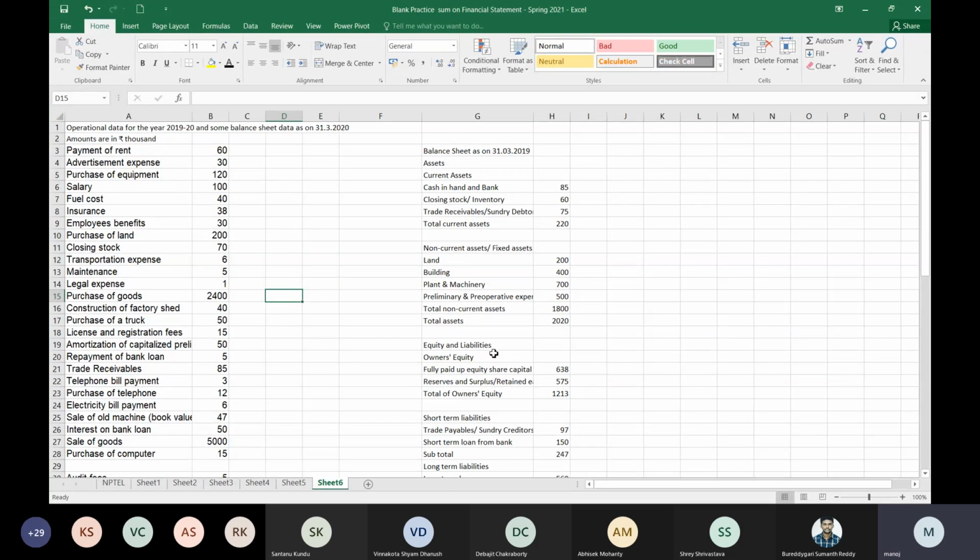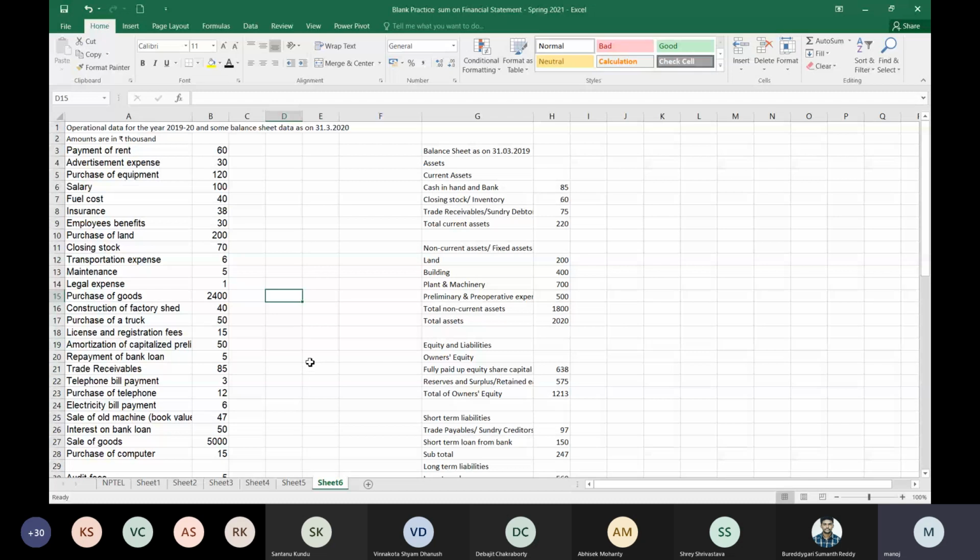Operating profit is nothing but gross profit minus operating expenses. So gross profit is already done, and then you estimate operating expenses, deduct that from gross profit, you get operating profit. Then you deduct interest payment to the bank or interest payment in general, you get profit before tax, you pay tax, and then you get net profit.